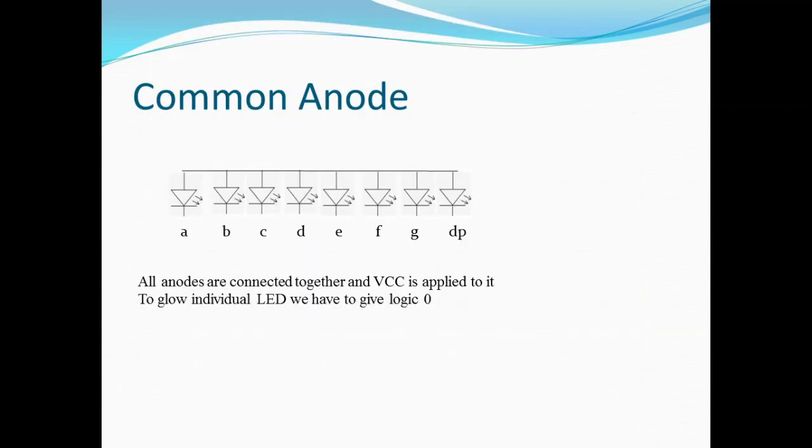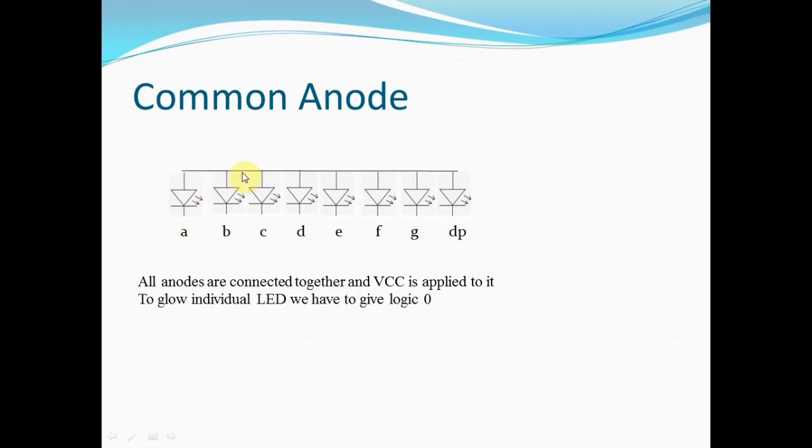Now the second type is a common anode. In case of common anode, all the anodes of the LEDs are connected together and connected to plus 5 volts, that is VCC, and for the segment which you want to turn on, you have to apply logic 0 because this is a single LED.